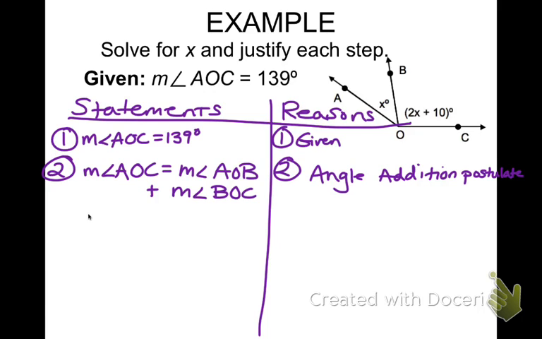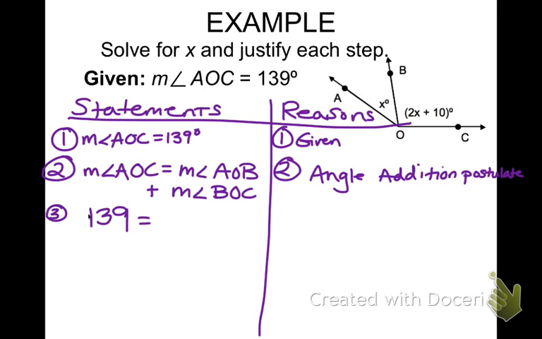So which property, I think Maddie talked about this, allows me to put in place of the measure of angle AOC 139 degrees? Which property says I can put something in place of something? Substitution, right? So I'm putting 139 in place of AOC.